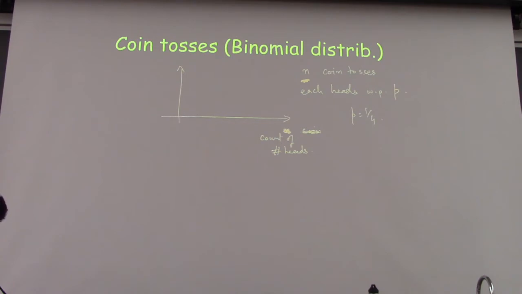The range is only 0 through n, the number of heads you could potentially see. And sure enough, the graph looks something like this. It will peak at n over 4 and then slowly drop off, and it will drop off exponentially.